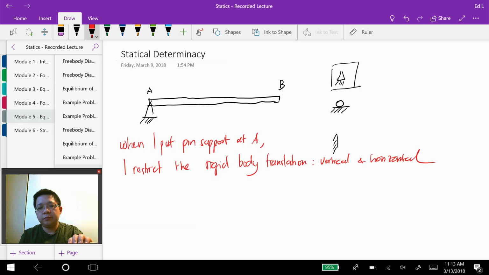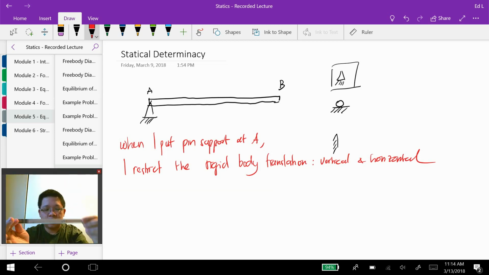You can see that when I try to move this beam vertically and horizontally, it cannot move anymore because the pin is holding it. However, there's still one rigid body motion that hasn't been restricted by this pin, which is the rotation. This body is still able to rotate in this two-dimensional plane.